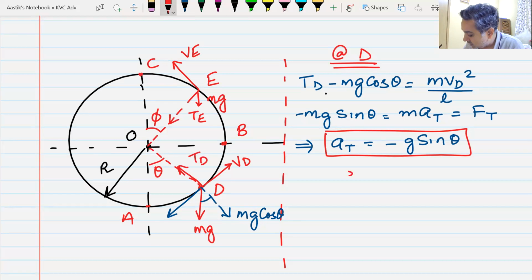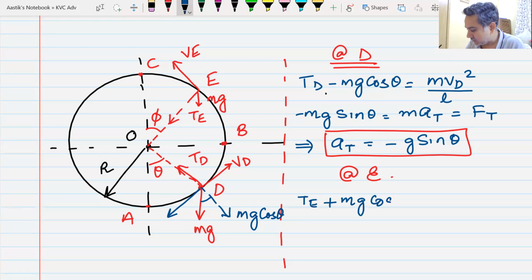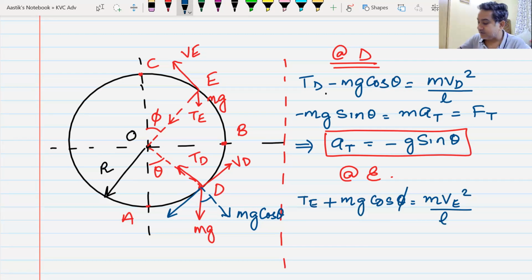So what is the equation at point E? TE plus mg cos phi equals mve square by L. It is cos phi, not theta.